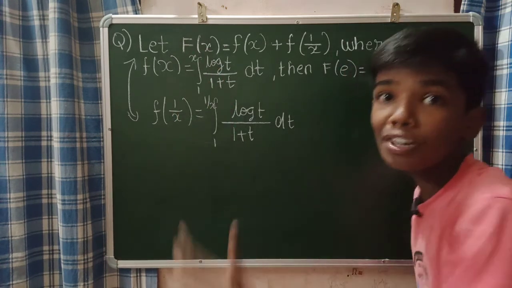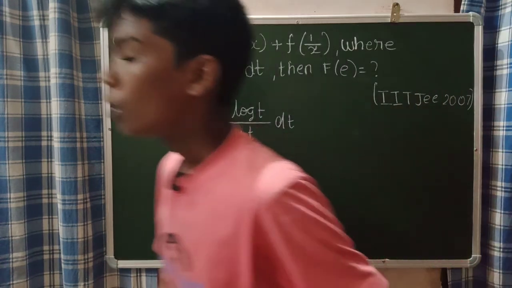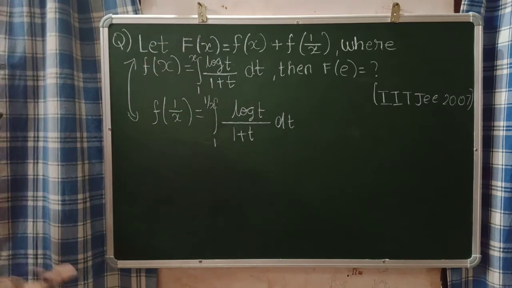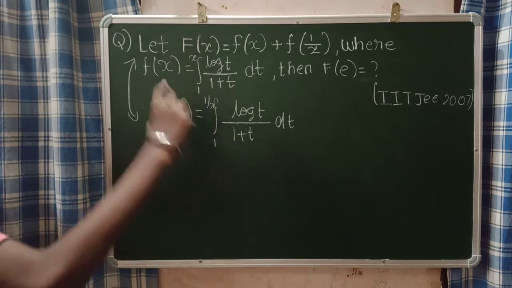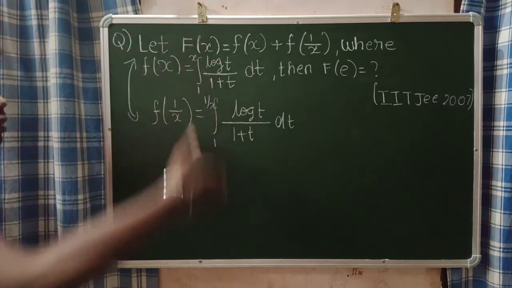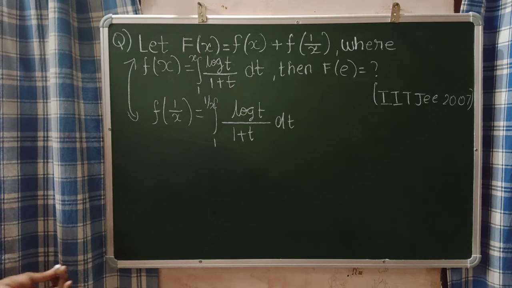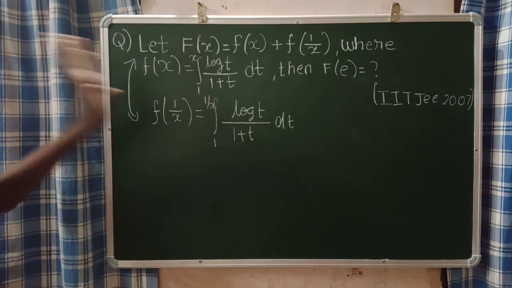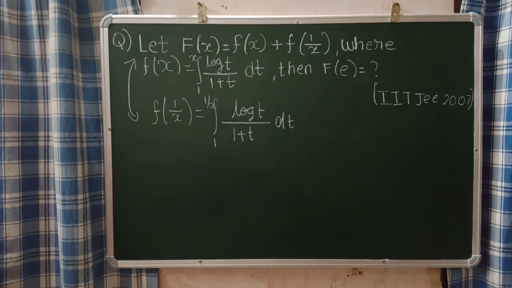The upper limit differs. If the upper limit differs, what I can do is make the limits the same. I need to convert this 1 by x to x, so that the limits of both integrals are the same and I can add them directly.